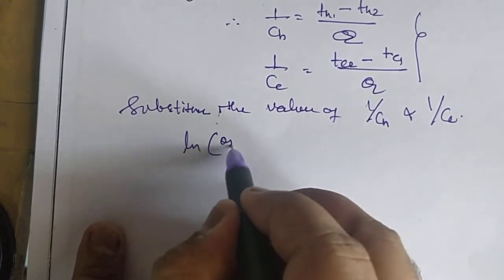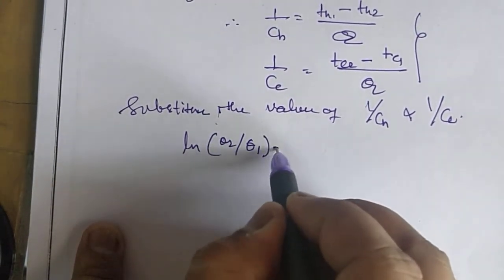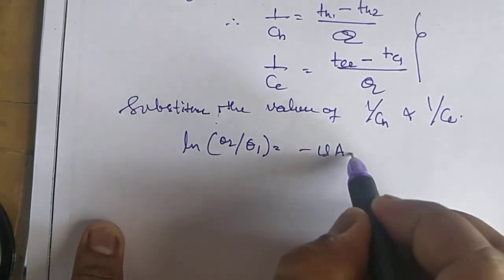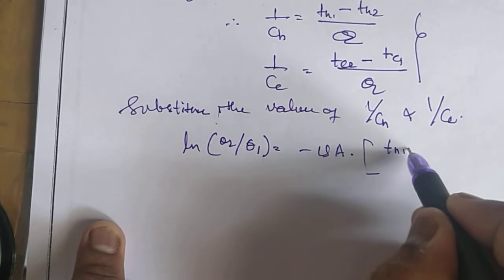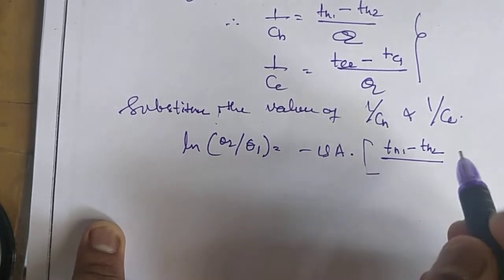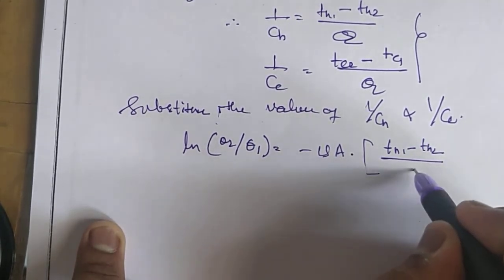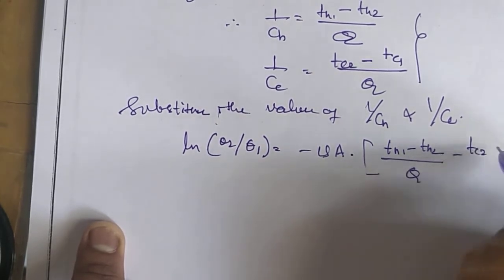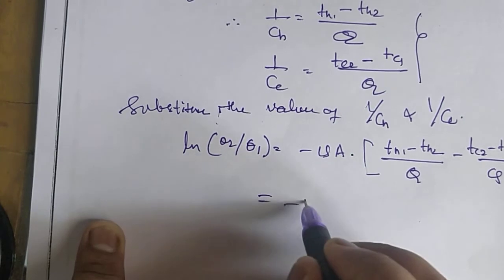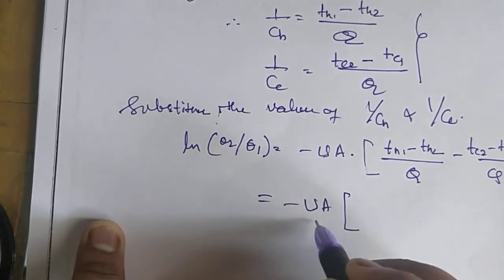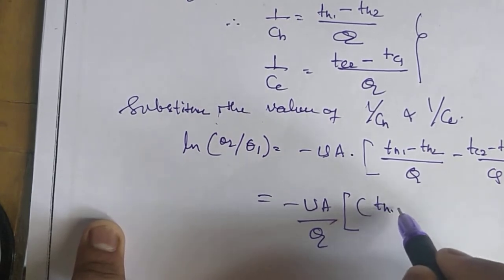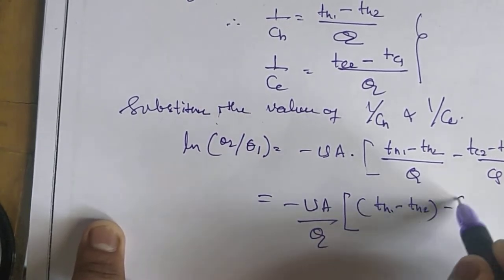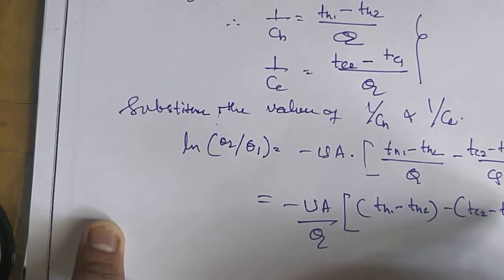ln of theta 2 by theta 1 is equal to minus UA ((TH1 minus TH2) divided by Q minus (TC2 minus TC1) by Q). So this becomes minus UA by Q ((TH1 minus TH2) minus (TC2 minus TC1)).